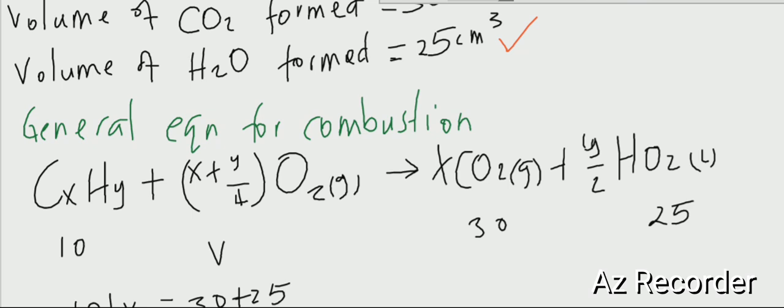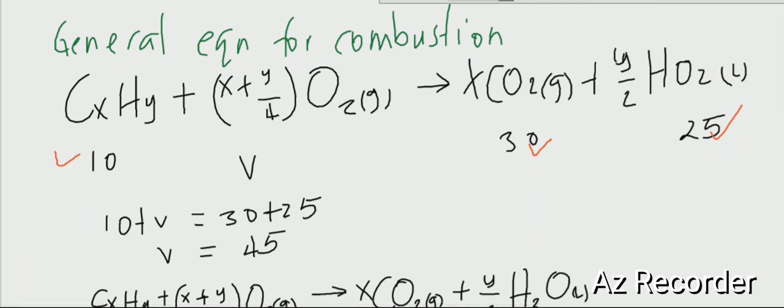So we have 10, which is the volume of hydrocarbon, and volume of oxygen we don't have it. We have volume of carbon dioxide, we have volume of water. From there we calculate to get volume of oxygen.